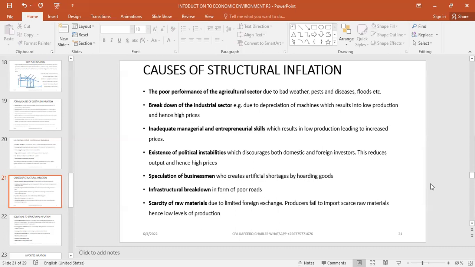But that inflation was a result of the infrastructure breakdown or the poor roads. Then the last one, we can talk about the scarcity of raw materials. If the raw materials are very limited, we expect that we are not going to make good production.